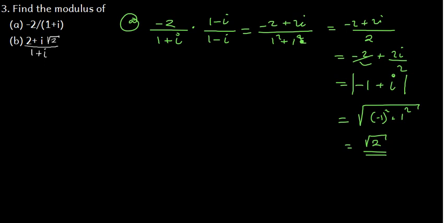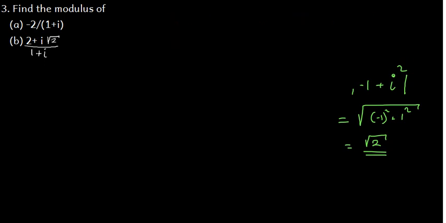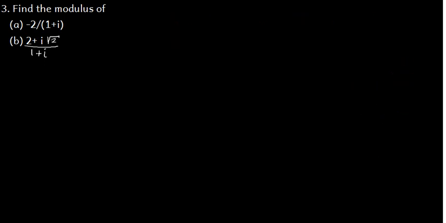What of the second part? What would be the modulus of that one given? So we are talking of 2 plus i root 2 divided by 1 plus i. So we're going to conjugate, multiply by 1 minus i on top and down. So 2 times the 1 there is 2. 2 times the negative i is negative 2i.